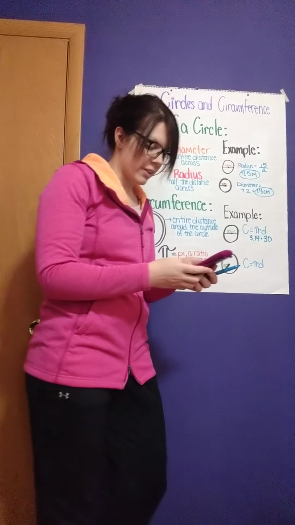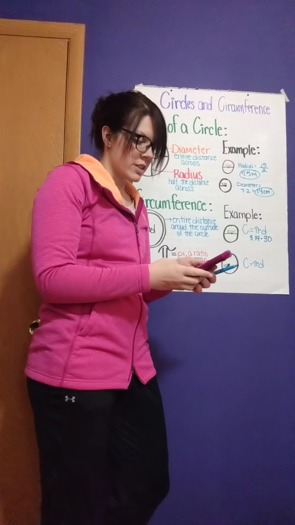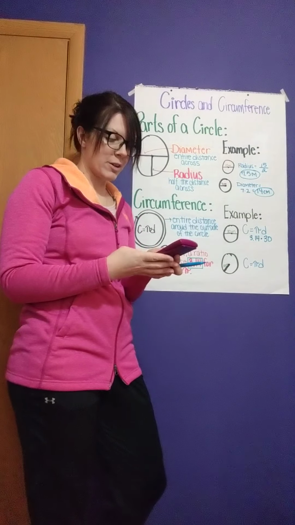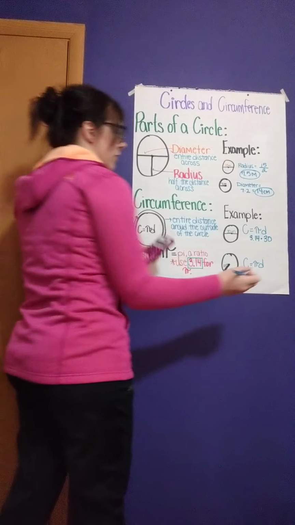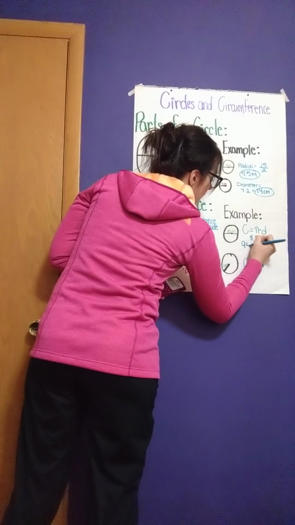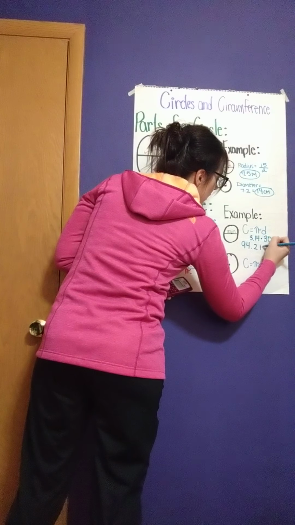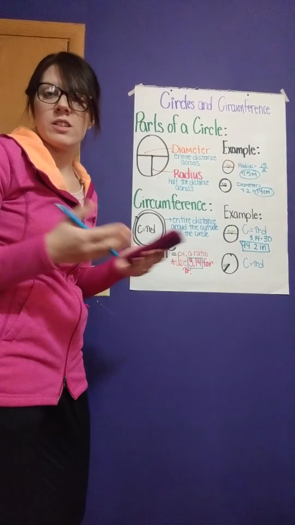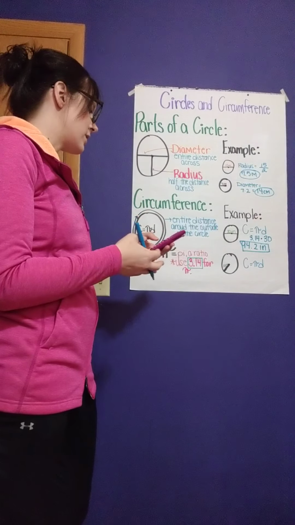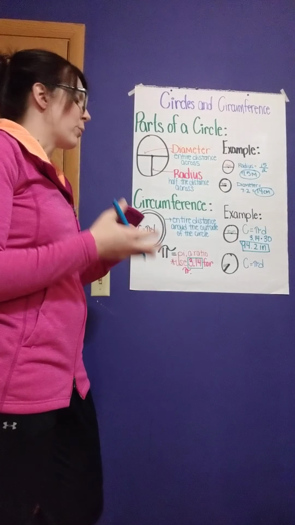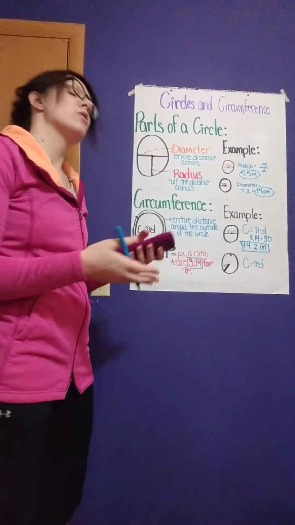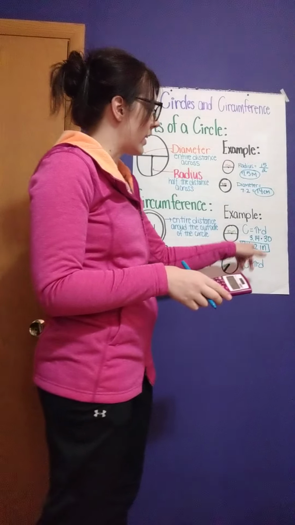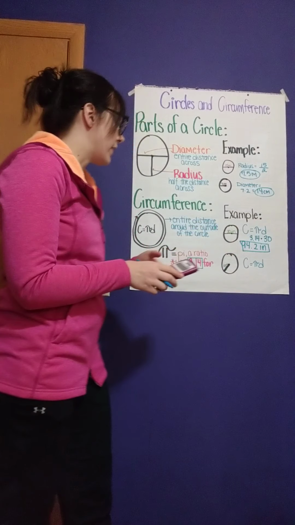And so on my calculator, I type in 3.14 times 30 because that is my diameter. And I end up with 94 and 2/10 inches. And so that's kind of a rough estimate because again, we rounded pi because pi never ends. So we use 3.14 because we can communicate effectively what that is.